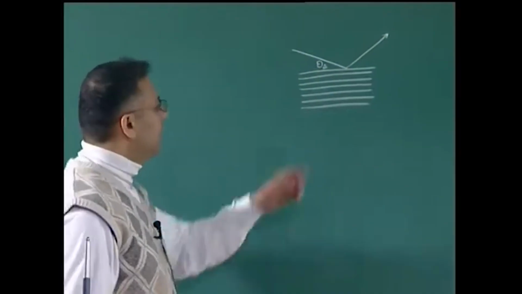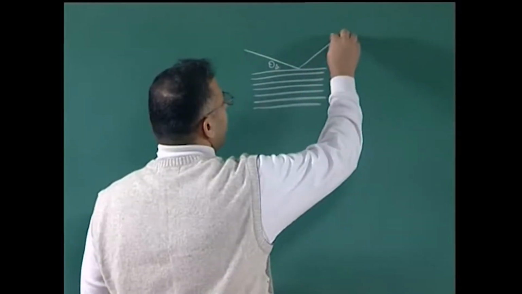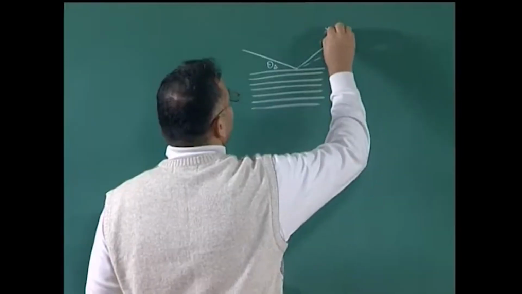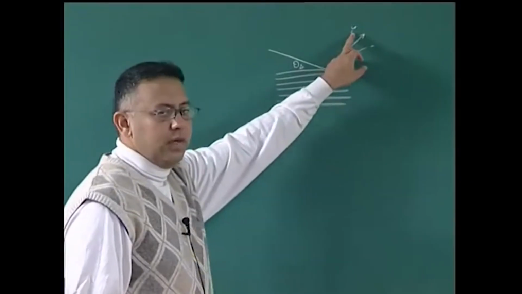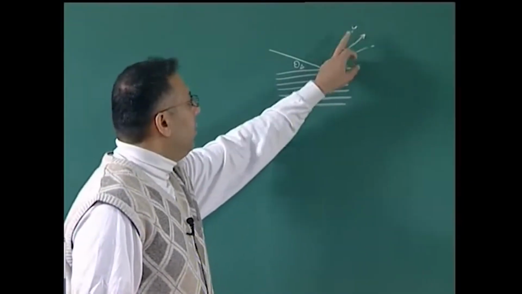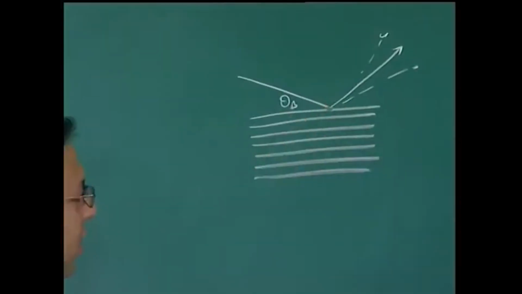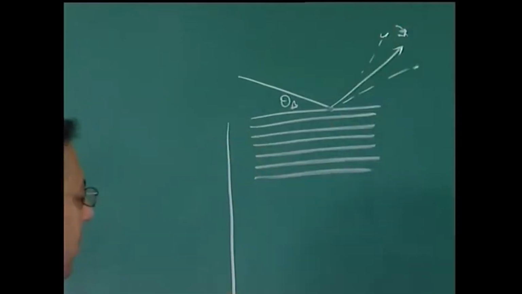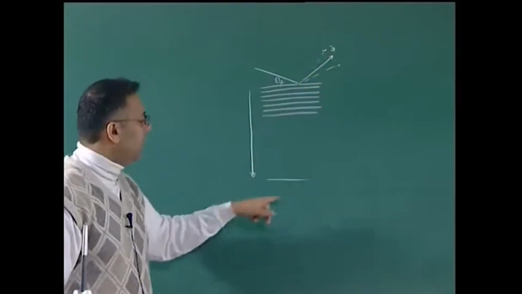That means that at this angle there will be coherent reinforced scattering, and at any angle which is away from this angle, for instance an angle like this or an angle like this, there will be destructive interference. But for this destructive interference for this beam, the plane which is out of phase with the topmost plane actually lies deep within the crystal. The closer you get to this Bragg angle, the farther down will be that plane which destructively interferes with this beam to get rid of that beam.